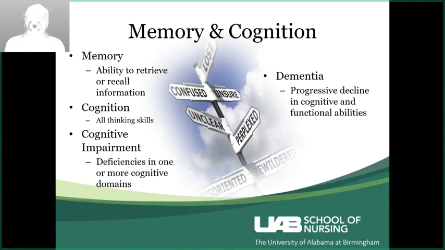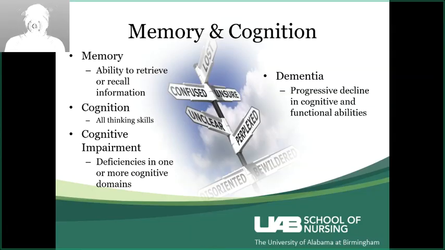So let's look at memory. That's usually the first thing to go. It is the ability to retrieve or recall information. Cognition refers to the sum total of all your thinking skills. It involves your memory, your executive and visual spatial judgment, your language production and understanding, how you're able to concentrate, and are you able to pay attention.